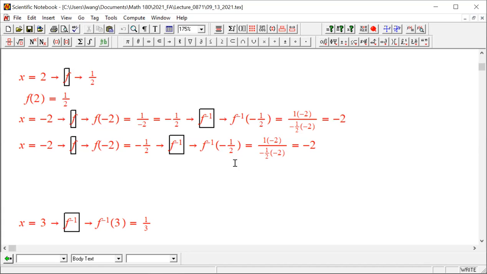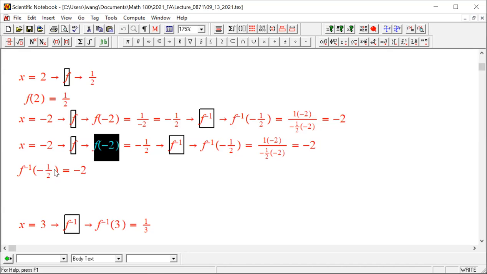The answer is yes. What we do here is that we have f inverse of -1/2 is equal to -2, right? But what is equal to -1/2? -1/2 is also the same as f of -2.